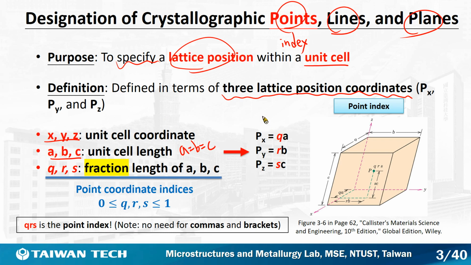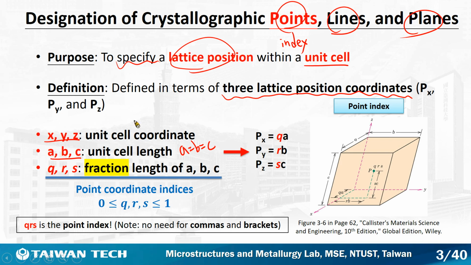But when we are talking about the point index, we cannot say that a equals b equals c, because this is the general method. So we cannot assign it to be a cubic structure. It could be any structure from the 7 crystal systems or the 14 Bravais lattices.